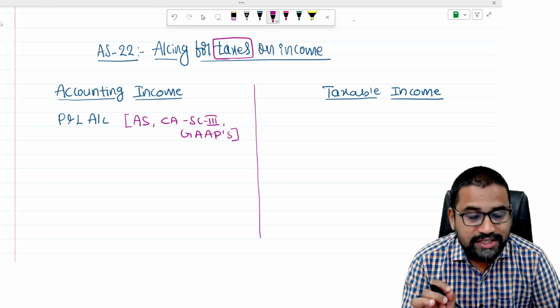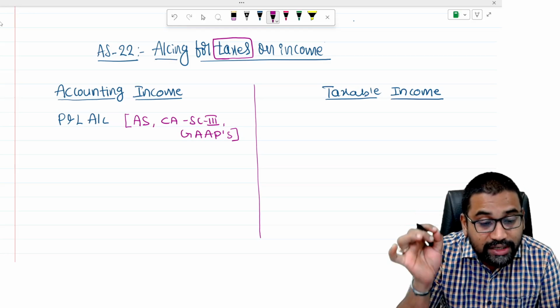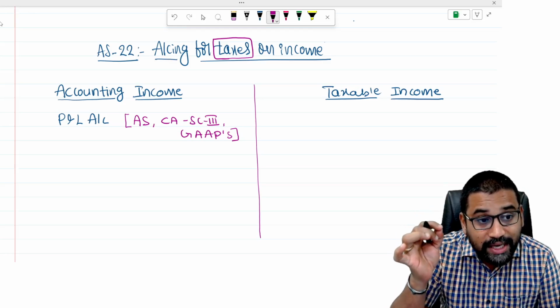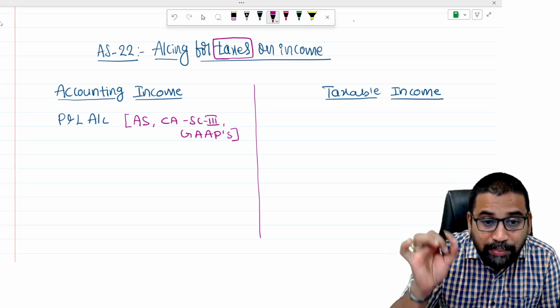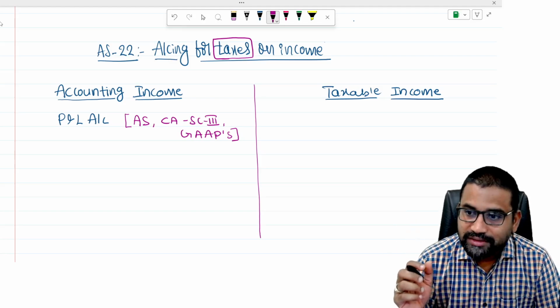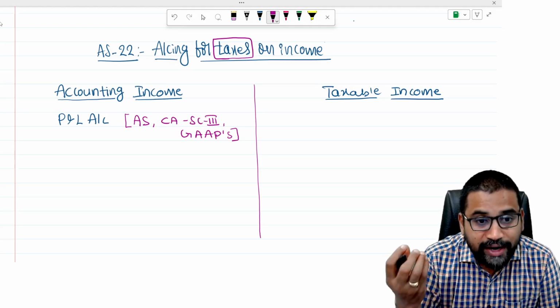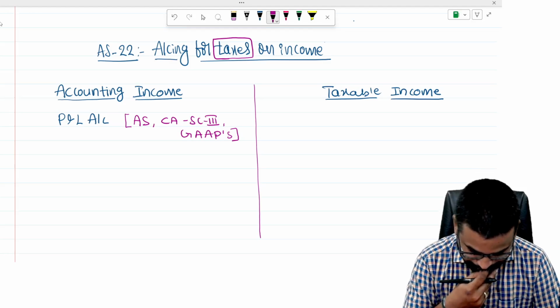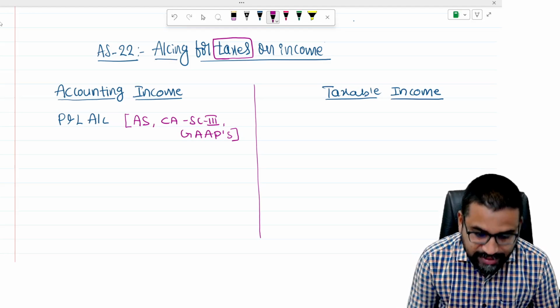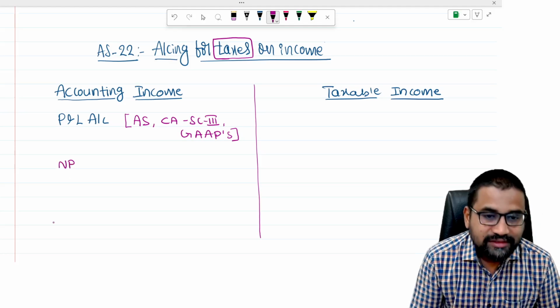Now the question is, whatever profit you arrived at by preparing the P&L account, will tax be paid on that profit? For example, you prepared the P&L account, sir. Now you got the net profit.